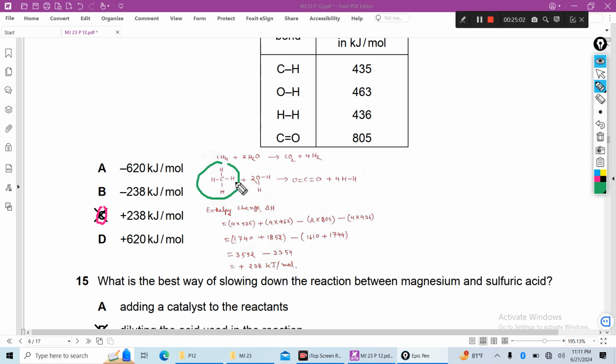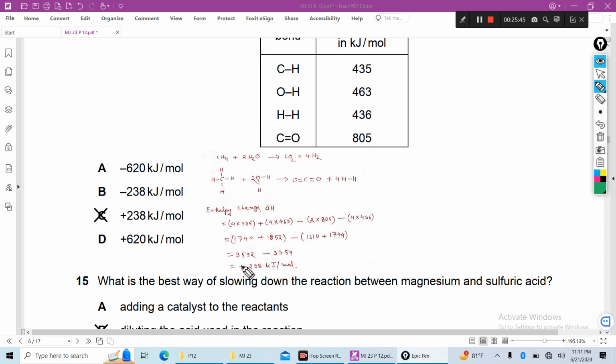In methane there are 4 carbon hydrogen bonds, so 4 times 435 is given here, plus 2 moles of water, 1 OH bond, 1 times 2, 4 times 463, minus products: carbon dioxide, carbon oxygen double bond 1, 2 times 805, minus hydrogen, 1 bond, times 4 times 436.